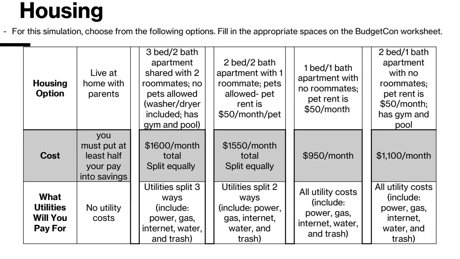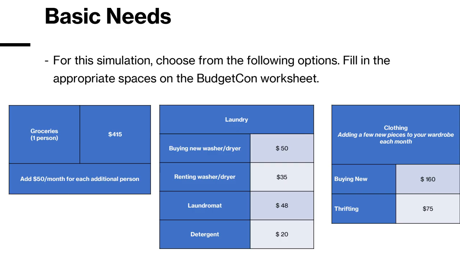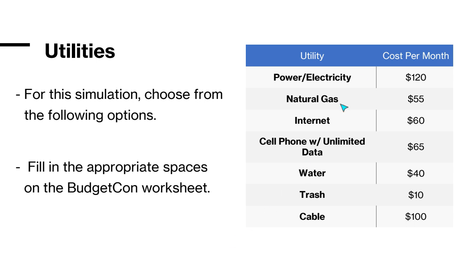Housing, the simulation, choose from the following options. You'll be choosing from those options. You can see the dollar amounts and things like that. Utilities. All right. You can see the cost of utilities. You say, I'm not sure. Well, we have it here for you.